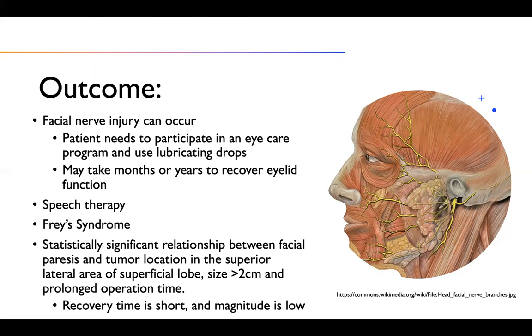It could take months or years to recover eyelid function. Patients who have issues with speech after because of facial nerve injury may have to go to speech therapy. And statistically, there's a relationship between facial paresis and tumor location in the superior and lateral area of the superficial lobe.